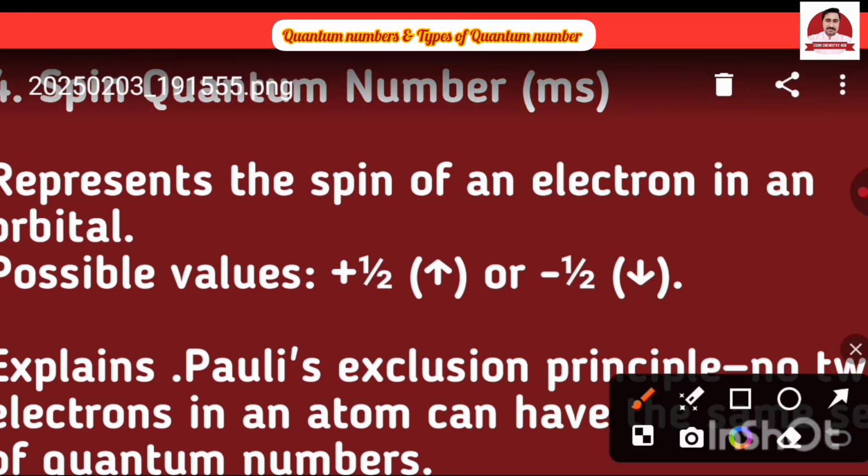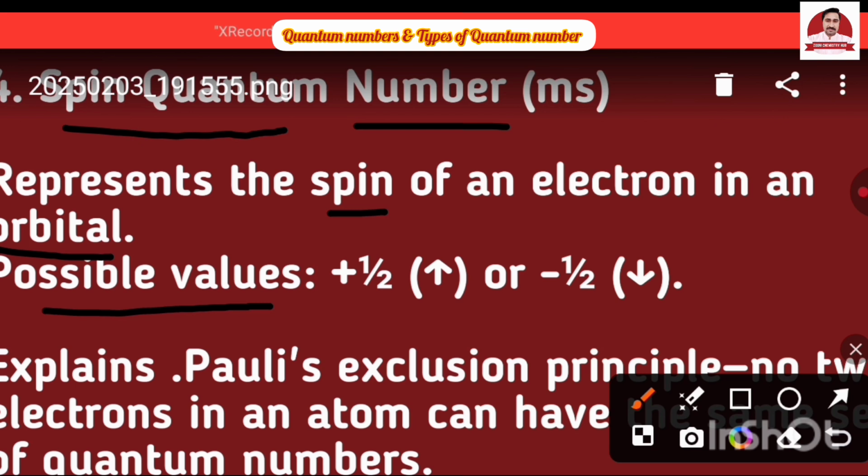We know that electrons are present in the atomic orbital, and in the atomic orbital electrons spin, and this spin is represented by spin quantum number. And the possible values of spin quantum number are plus half and minus half. Plus half means the arrow is upright, and minus half means the arrow is down.